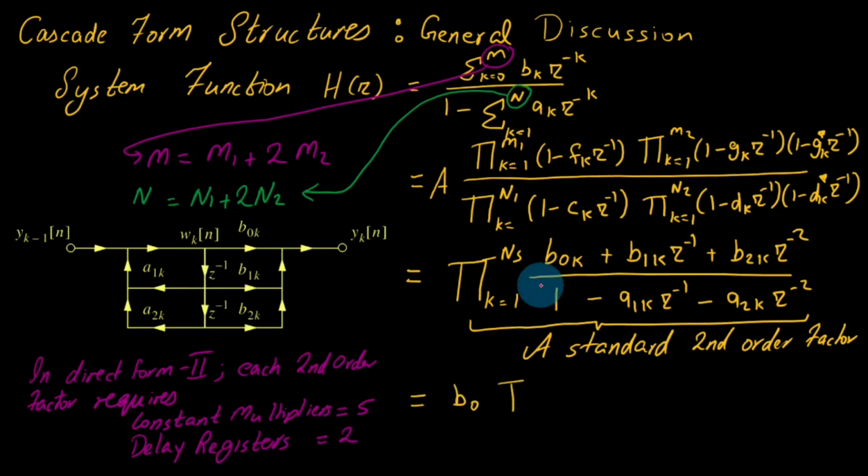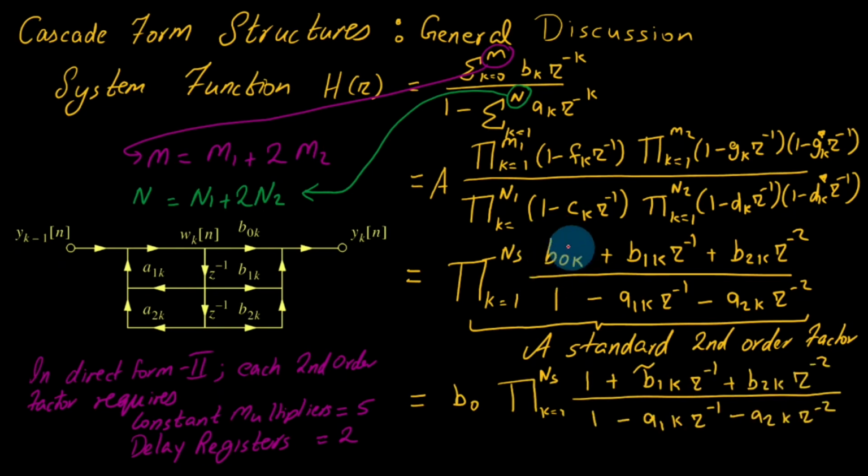Now we can simplify further by extracting b_0k out of each subsection and then multiplying each of those taken out terms together, so that can be written as b_0. This b_0 is basically a multiplication of all of these b_0k's, and the leftover terms are over here.